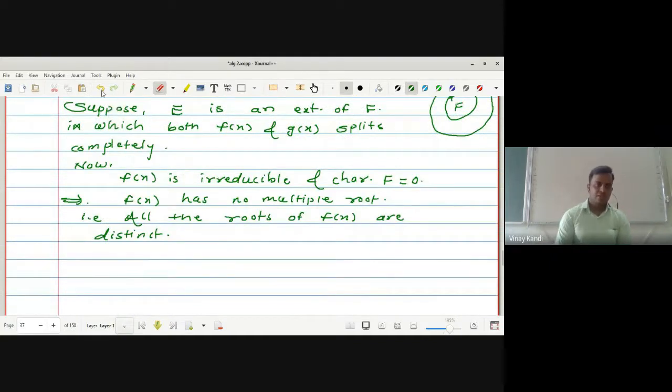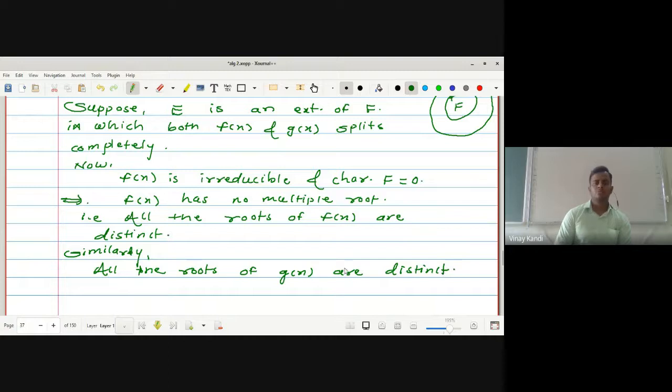Okay, now here f(x) has no multiple roots. It means all the roots of f(x) are distinct. Similarly, g(x) splits completely.